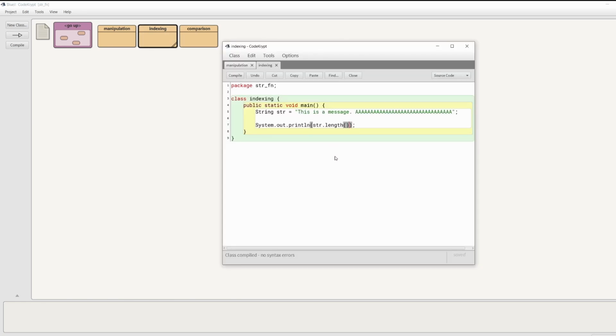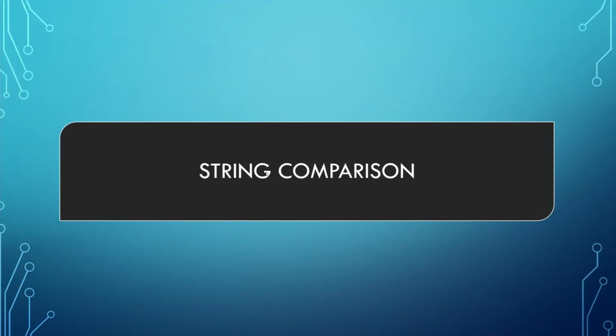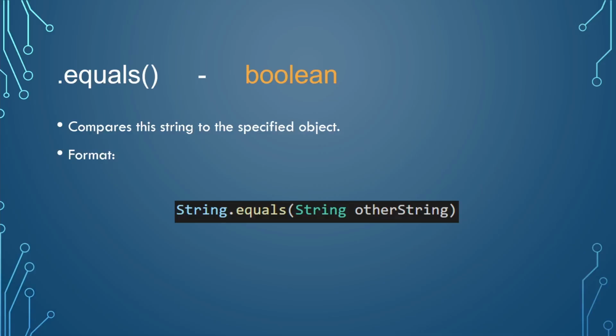Okay, so now let's move back to the PowerPoint. String comparison. Now of course, if you wanted to compare one string to another string, for primitive data types you would use the double equal to comparison.